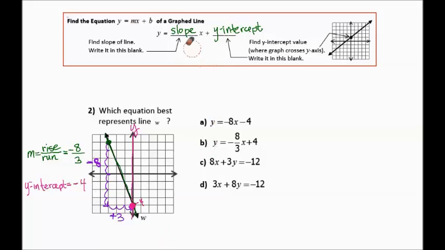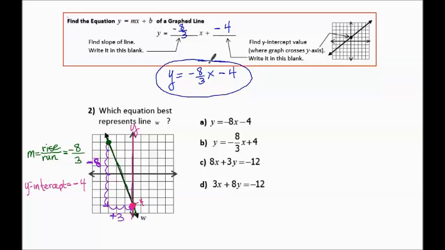What that means is that in the blanks for our equation, we are supposed to have a negative 8/3 for your slope and a negative 4 for your y-intercept. So your equation should really look like this, negative 8/3 x minus 4. Let's see which one of our options matches that.